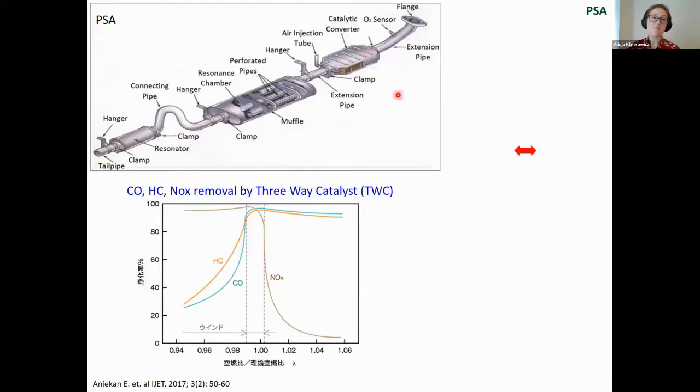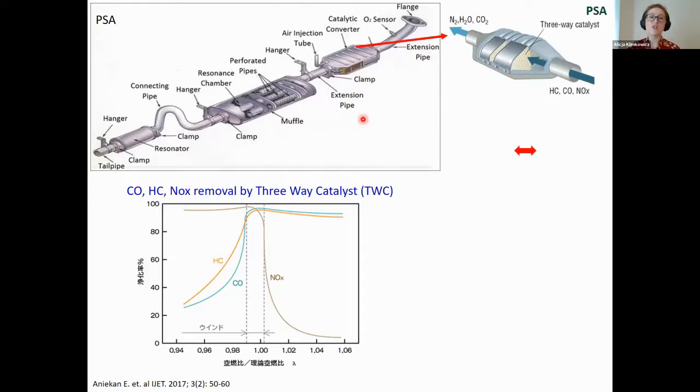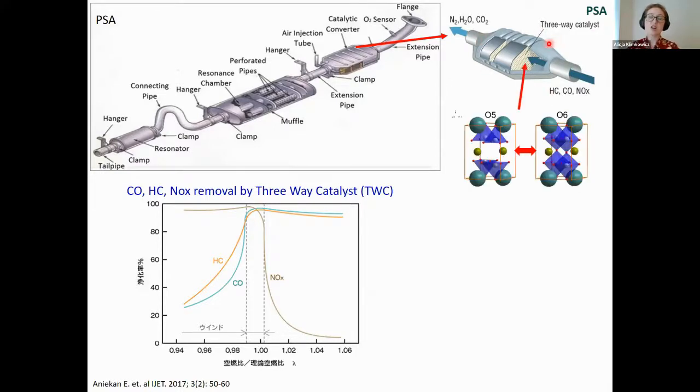And it plays a very important role in removing the exhausts, because when we are coming from the engine, we still have CO, unburned hydrocarbons, and NOx that need to be removed from the exhaust gas. So for this, we use the three-way catalyst because there are three main reactions occurring in here.